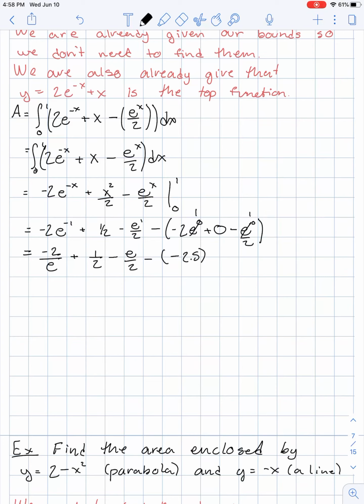And then that makes that a positive, so 1/2 plus 2/2 is 3. So we'll get 3 minus 2 over e minus e over 2.